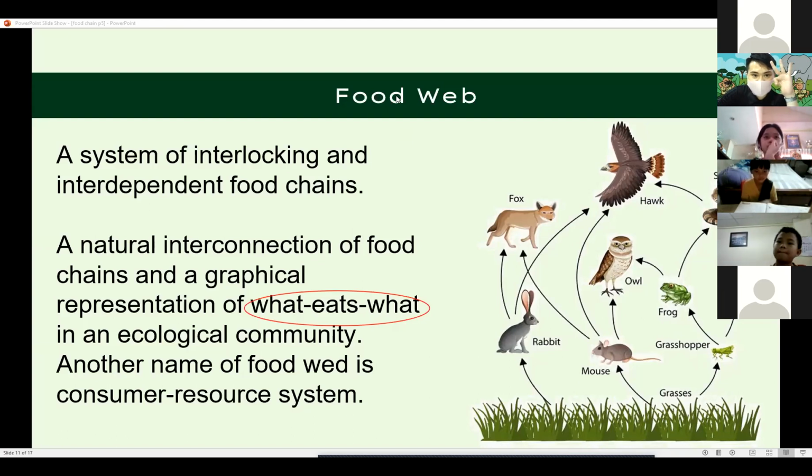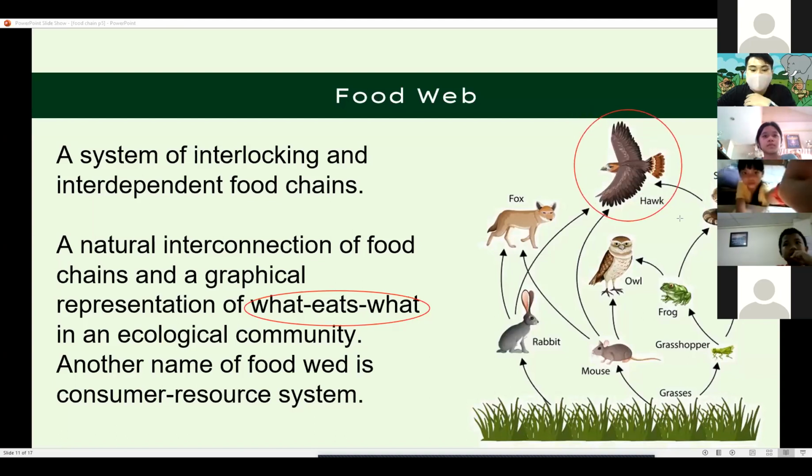So if you look at this picture, the hawk is the apex, the boss on the top. Okay? On the top of the pyramid. You understand? Yes. Okay. In a food web, it has many food chains. It tells what eats what.